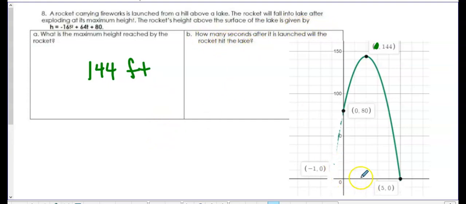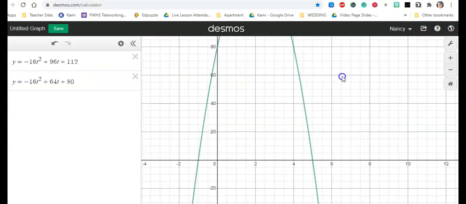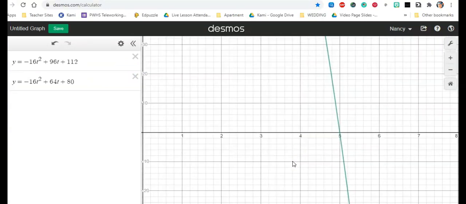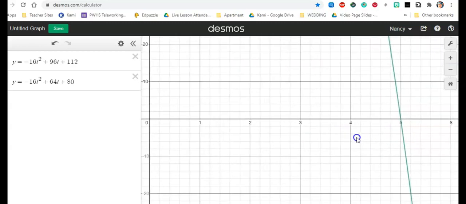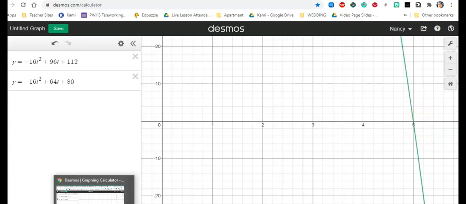Okay, so I have time down here, and let me go back to my graph because I'm not sure. These are counting by, okay, so it looks like it's at the 5. All right, I just want to make sure that I was right about that.